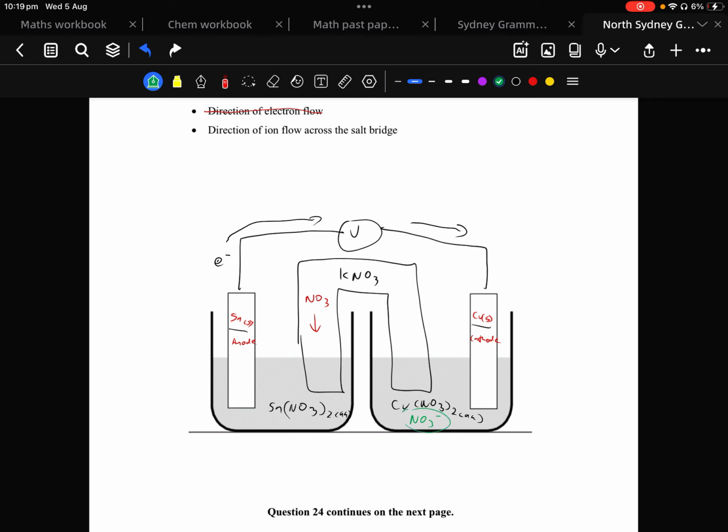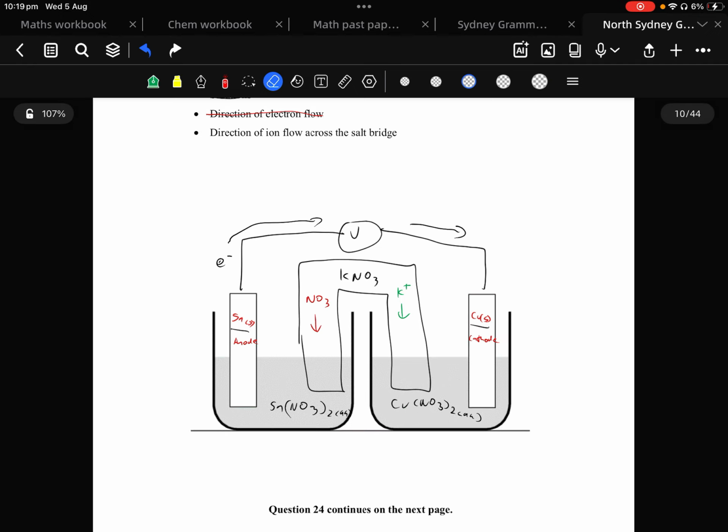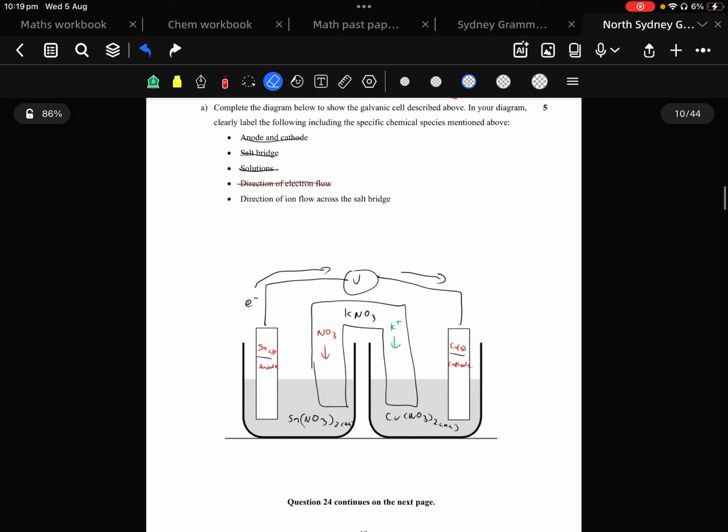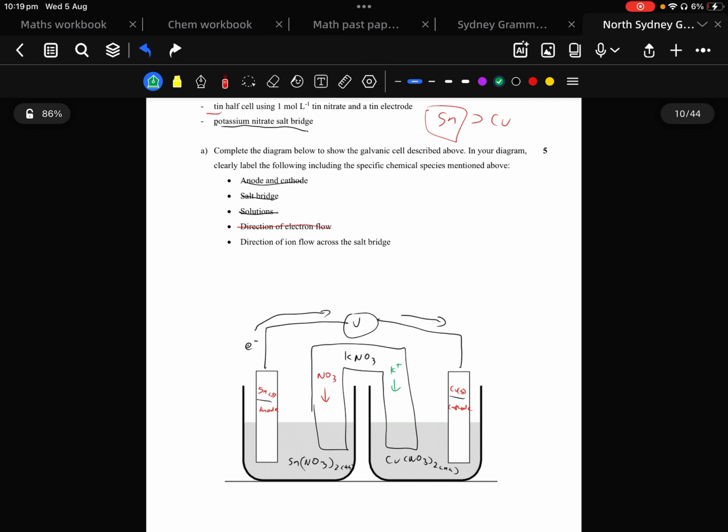And to combat this negative nitrate, the potassium must go down to form a potassium nitrate solution. And that's the diagram.